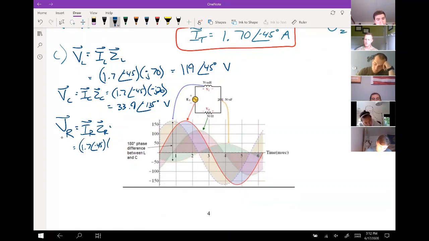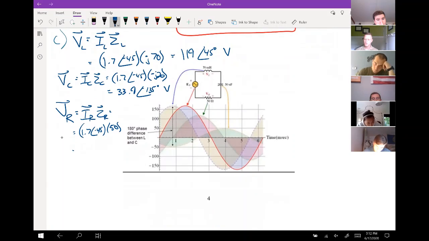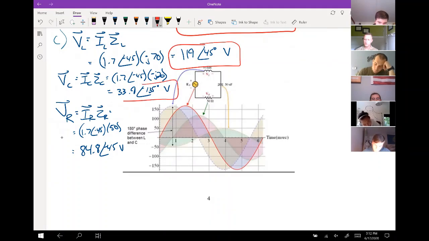The Z of the resistor is just 50. Right? There's no imaginary component of a resistor. It's purely on the real axis. And that comes out to 84.8 angle negative 45 degrees volts. There's my 3 parts.